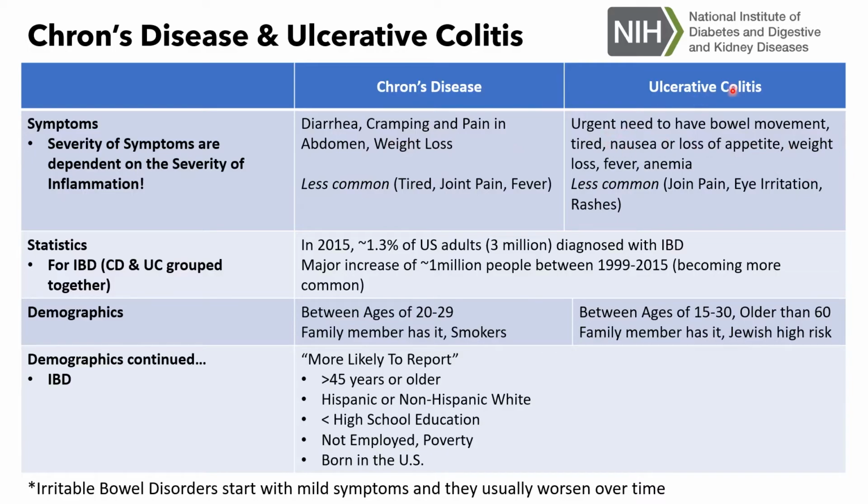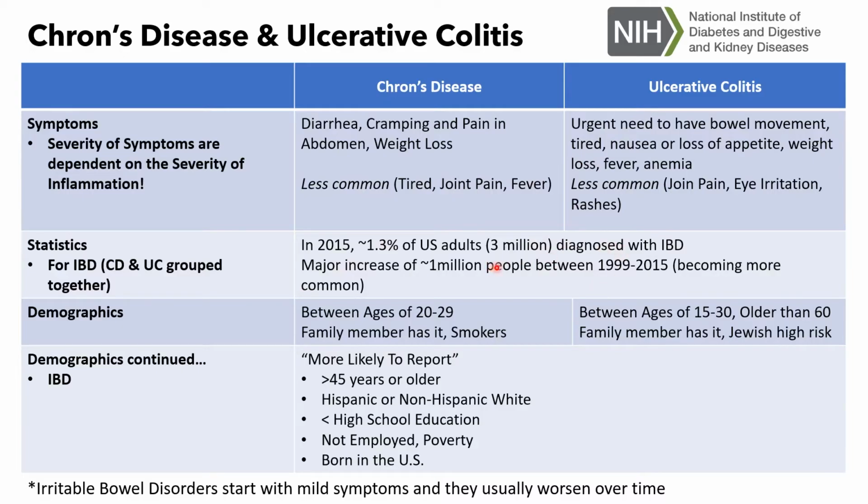Whereas over here for ulcerative colitis, we're going to see urgent bowel movements, tiredness, nausea, loss of appetite, weight loss, fever, anemia. And so while there's obviously some overlap, we can see that there are also some slight differences.